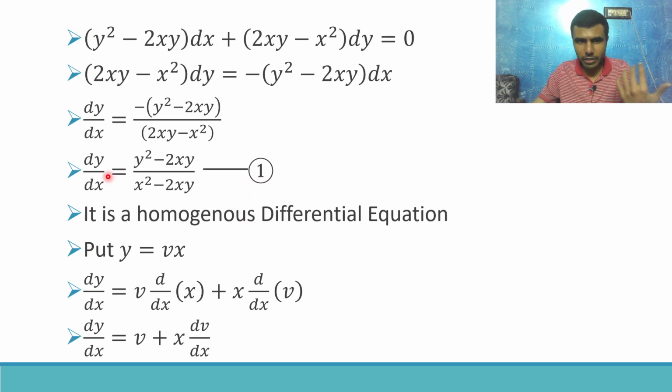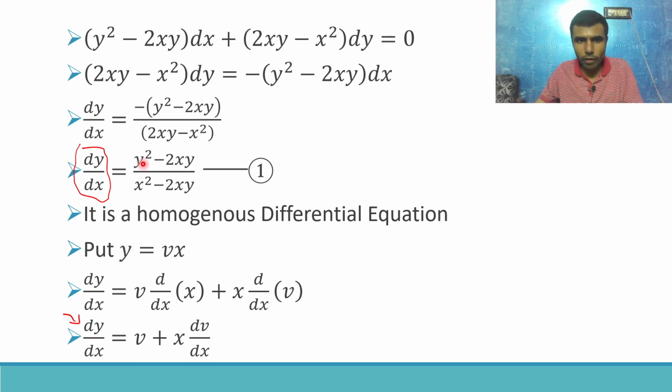Now see, in my equation 1 what will it become? See carefully, in place of dy by dx you will see v plus x dv by dx is equal to whatever is in the RHS.